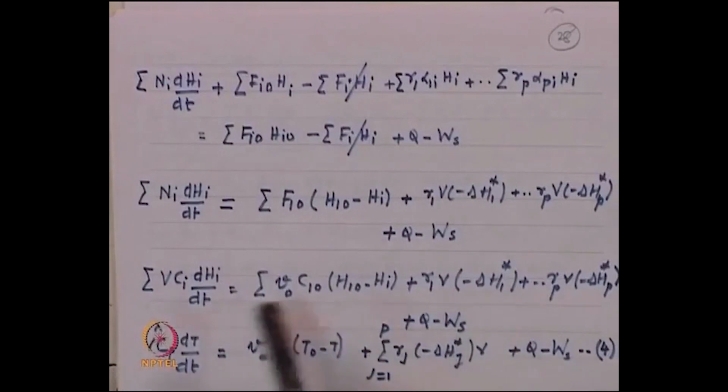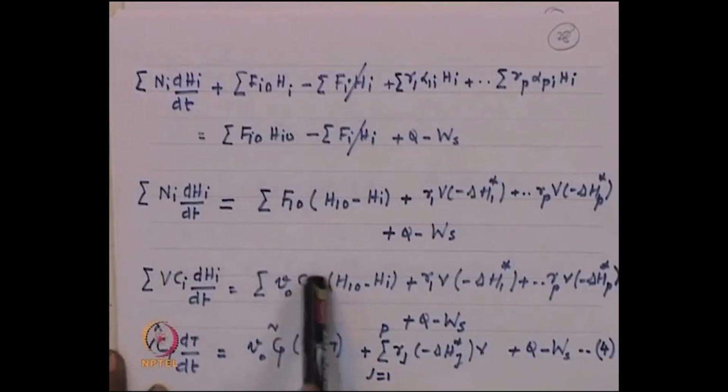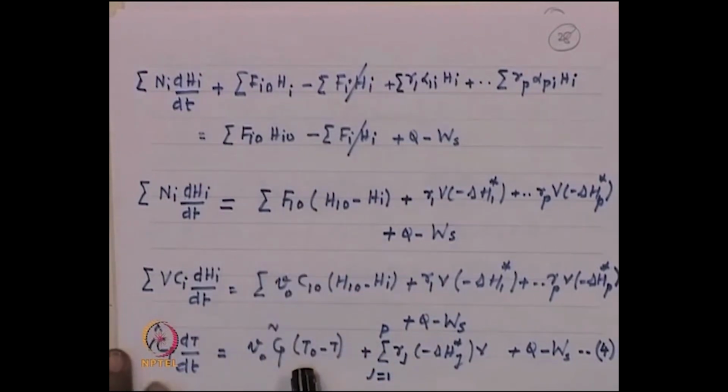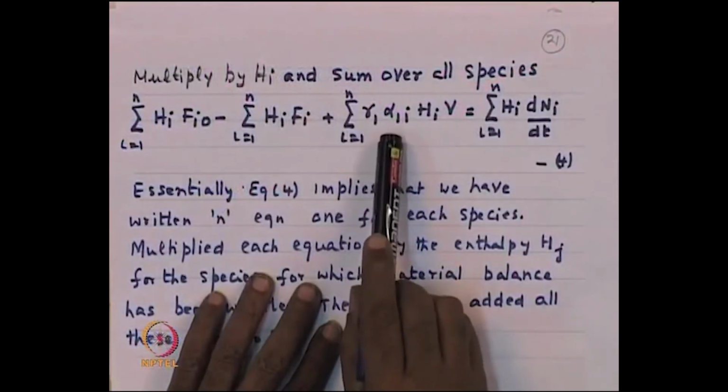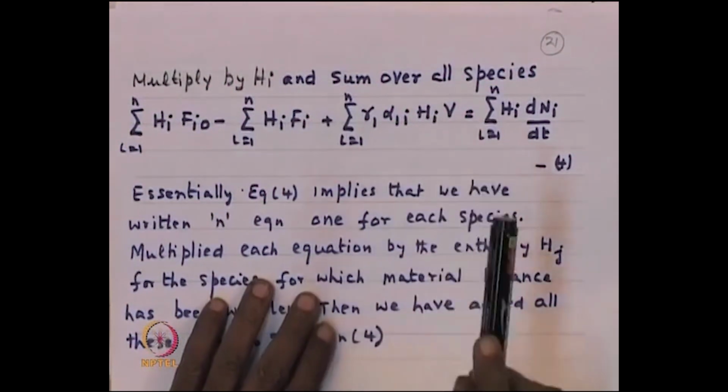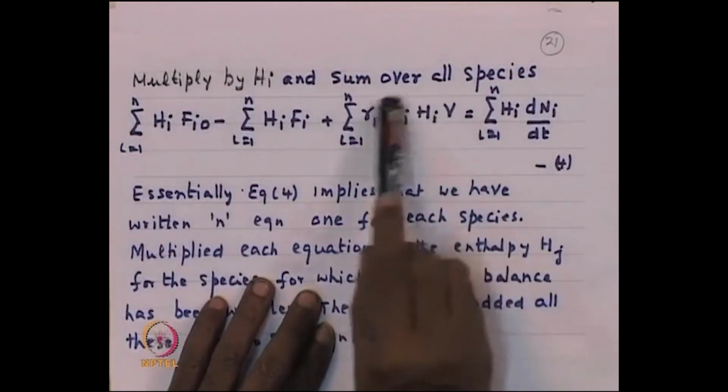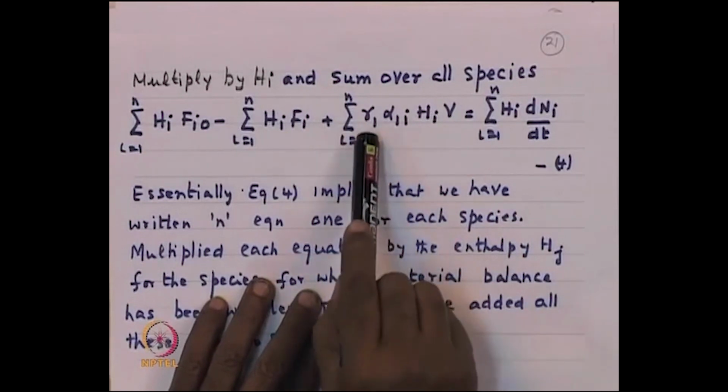Okay. So, now we can replace everything in terms of temperature. When you do that, if all the feed stream is at T naught, this is how the equation looks. Why is the summation over I equal to 1 to n? Now this term alpha 1 I Hi, we have replaced as delta H1 star. This is for a single reaction.